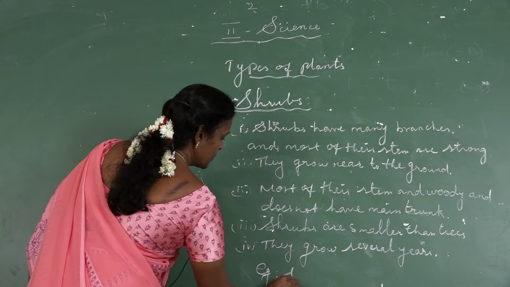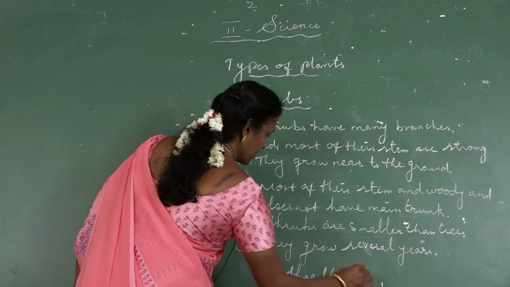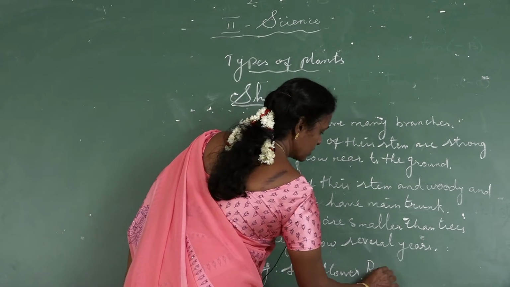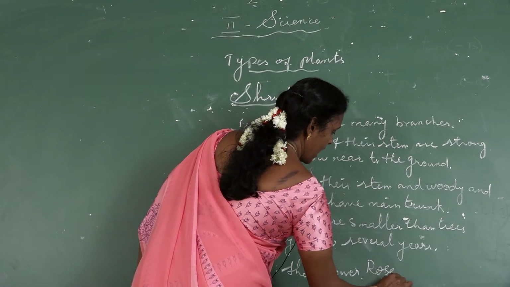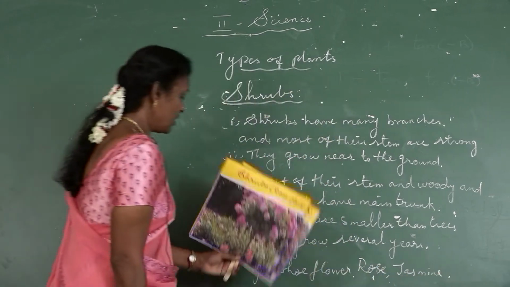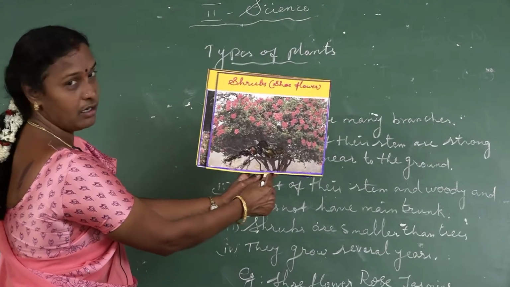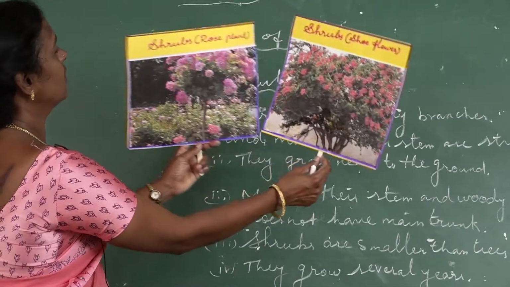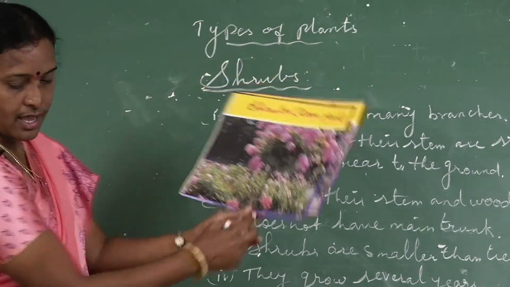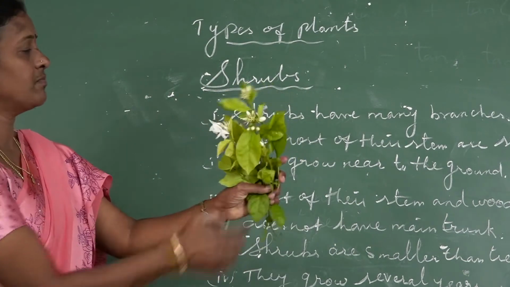Examples: shoe flower, rose, and jasmine.